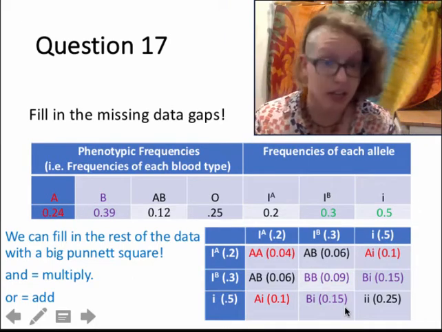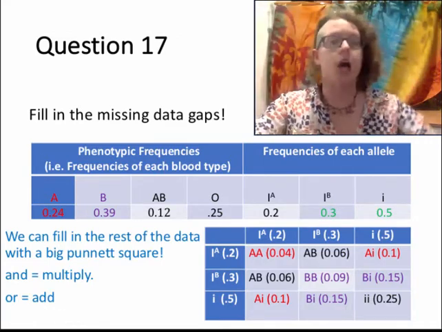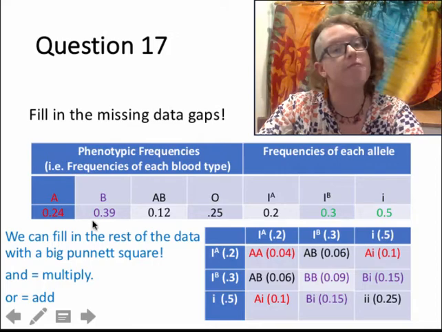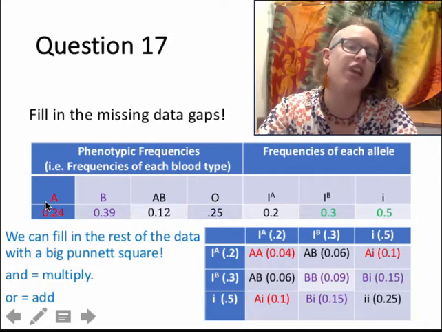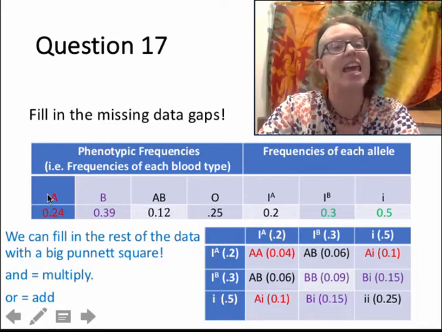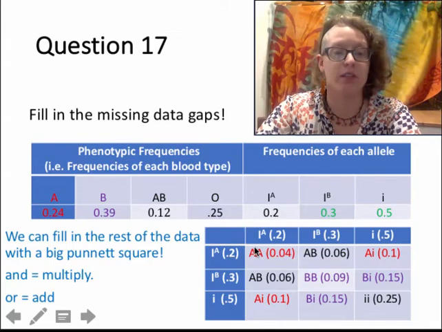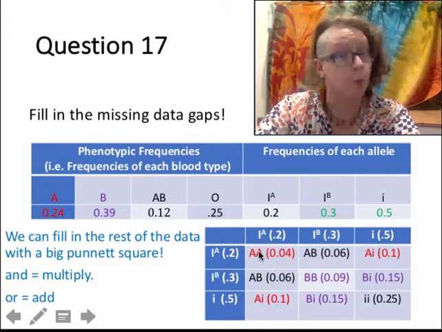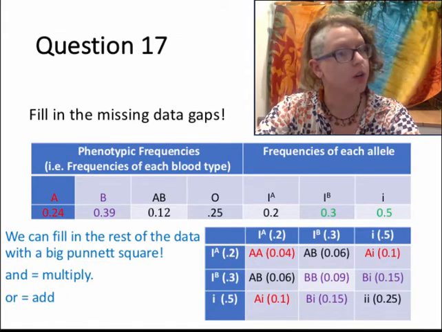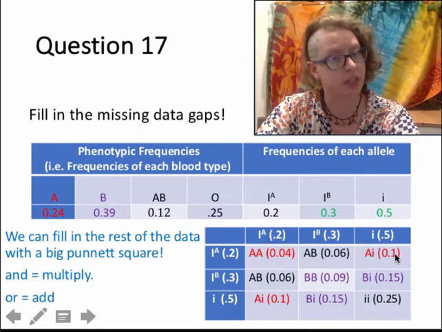And I'm color coding it to show you where I put things, because these are not genotype frequencies, these are phenotype frequencies. So in order to understand what the chances are of an individual having a blood type, you have to take all of the different A genotypes and add them together, because you could have an A blood type with this genotype, or this genotype, or this genotype.